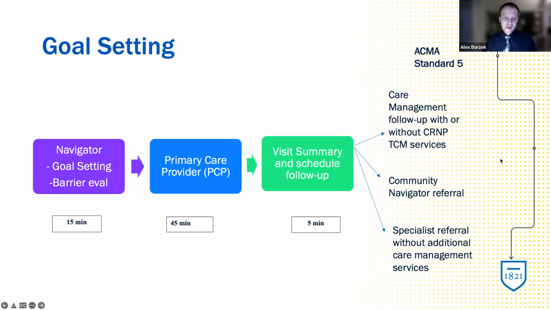So this then pulls us right into goal setting, how our risk stratification is going to impact our goal setting. And remember, this is our ACMA patient flow, our visit flow. And this is right where our goal setting is taking place, right in that follow-up appointment with the care manager, with the primary care provider, and the patient. So before all of this, risk stratification is done, and we say, hey, this patient meets criteria.